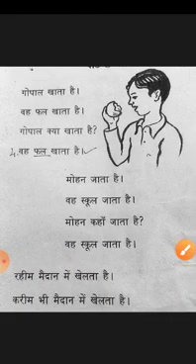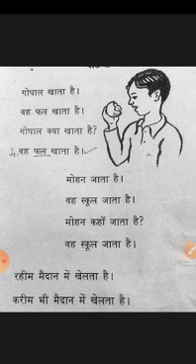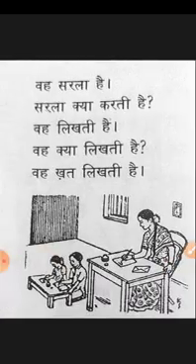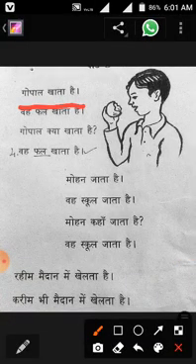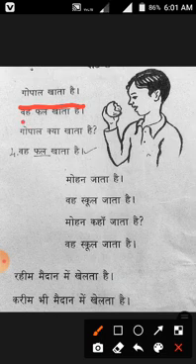Look at this. He is a boy, singular, and the person is male and singular. You should add ता है. That is the rule. So let's see the sentence. Gopal खाता है. Gopal is eating. वह फल खाता है. He eats fruit. Gopal क्या खाता है? The subject will always come first.